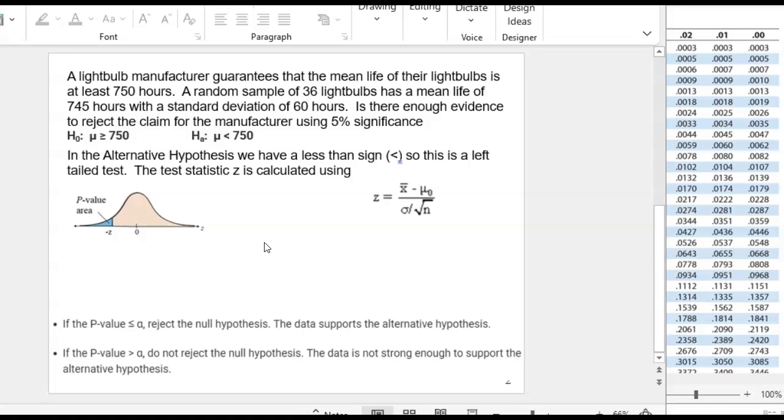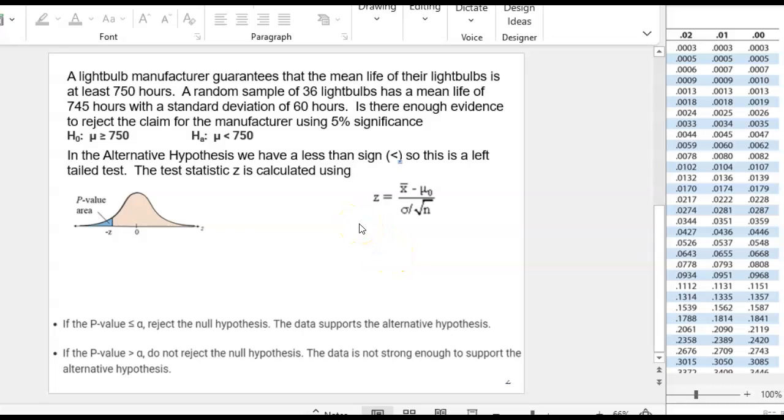And just like with a confidence interval and the margin of error, the z-score is used when your sample size is greater than or equal to 30. If you have a small sample size, then you would be looking at a t-value. And with a proportion, again, it's a z-score, but you would be using a different calculation.